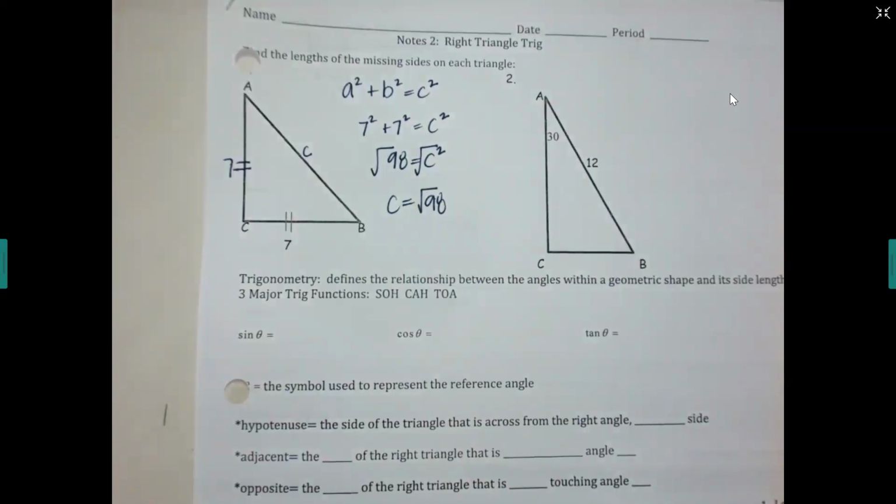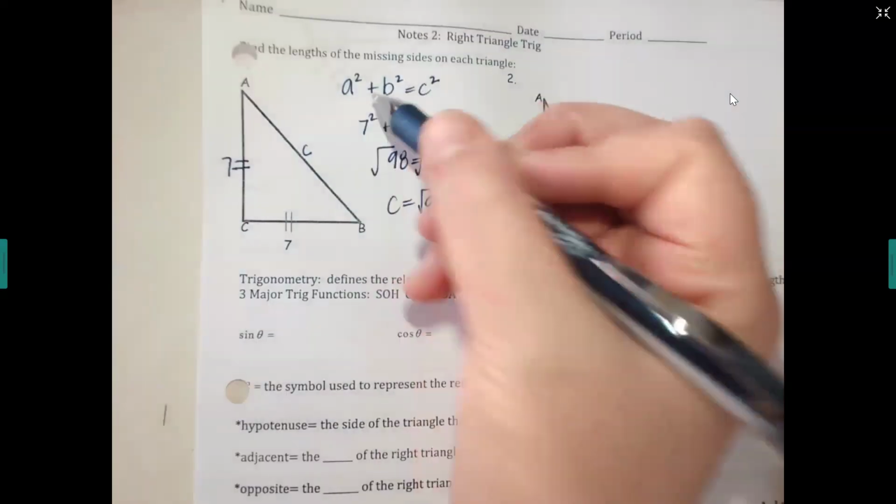So to simplify, you'd have to look up that list on your notes from last time. I know it's been a while, but can anyone, without us getting out the paper, say what perfect square 98 could divide by? It's already on your paper. Oh, wait, no, it's not. Never mind. What is 7 squared the same as?